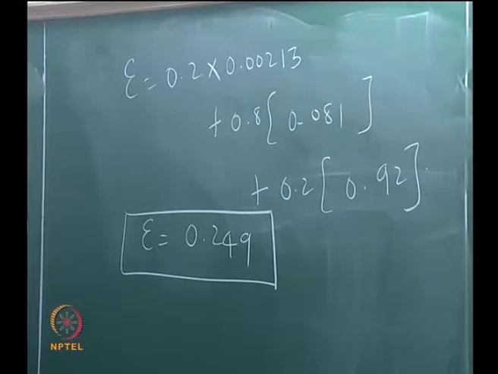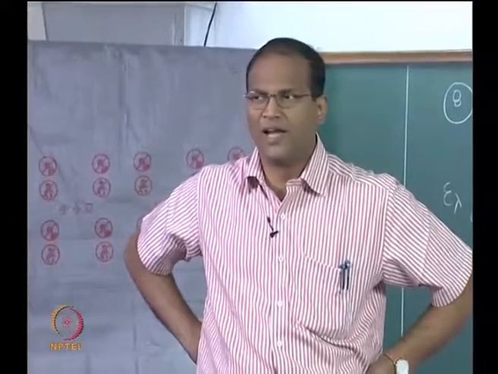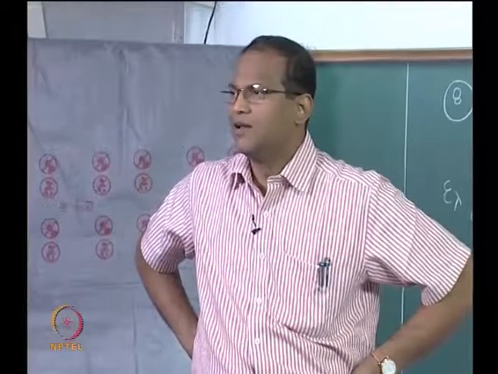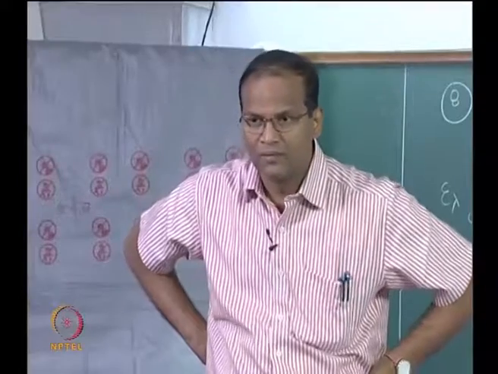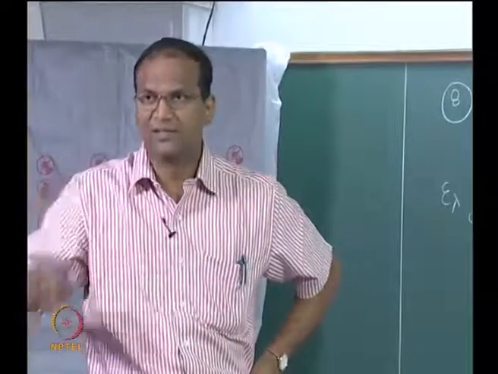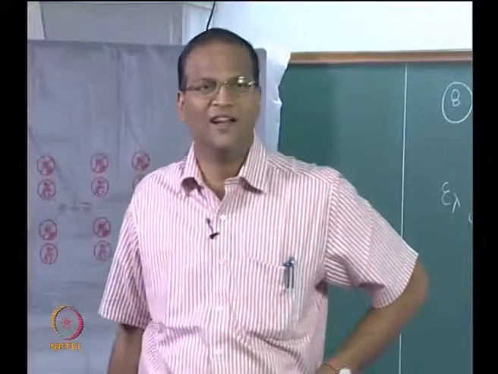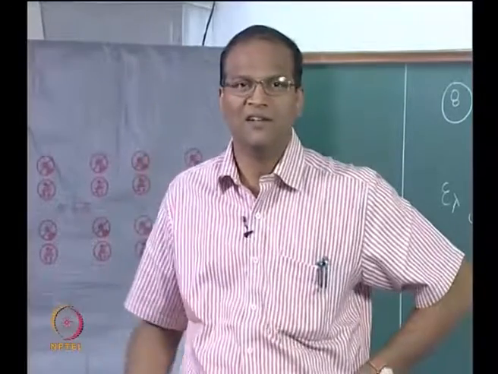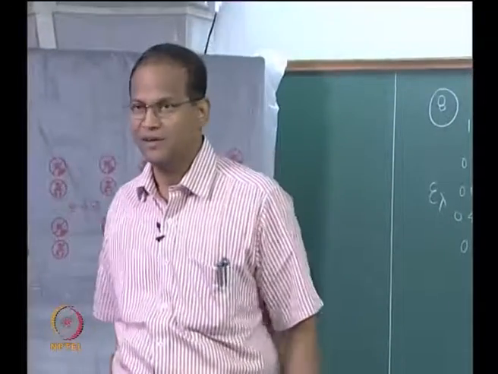I repeat, if epsilon lambda versus lambda is given, do not make the mistake of taking some value of lambda, cutting the distribution and finding the area under the curve and getting the average epsilon. That is not correct. Some people who have missed a lot of classes because they are very confident that they have cleared JEE and all that, if something is given like this, you have to get area under the curve divided by lambda 2 minus lambda 1 and I am getting epsilon.